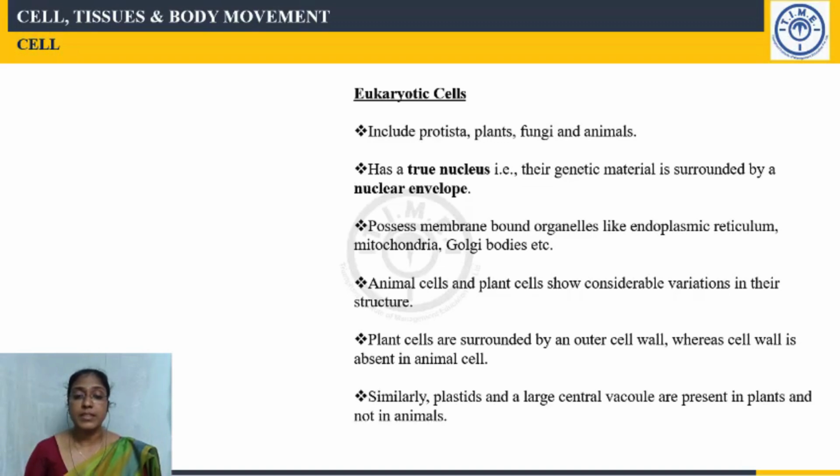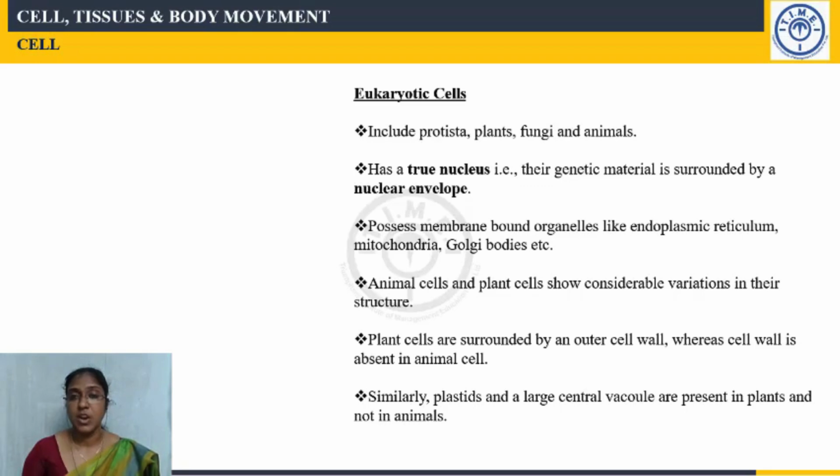Similarly, plastids are cell organelles which contain colored pigments like chlorophyll. They also have other pigments inside them, like oil, starch, carbohydrates. So plastids and a large central vacuole are present in plants and not in animals.